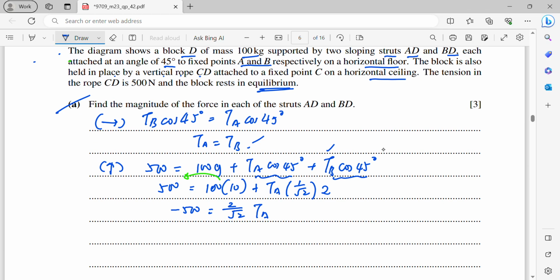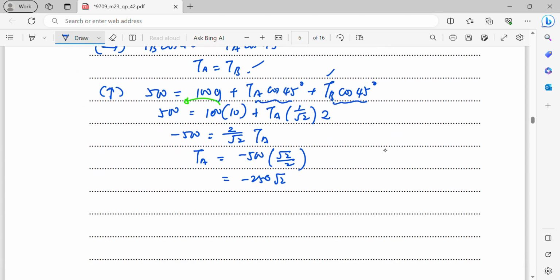So from here, my TA is going to be negative 500 times square root 2 over 2. The 500 divided by 2 will be 250, so negative 250 square root 2. That is my TA, and then my TB will be the same as TA, also negative 250 square root 2.